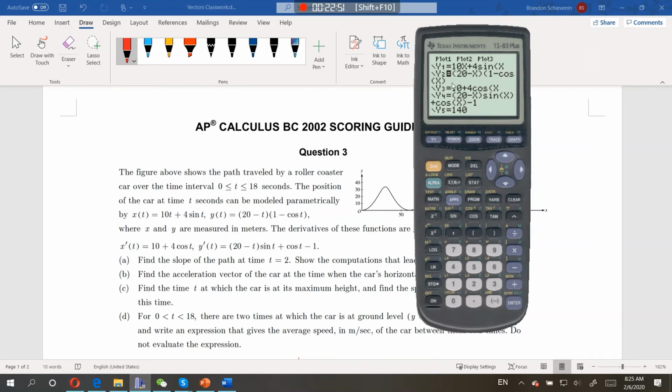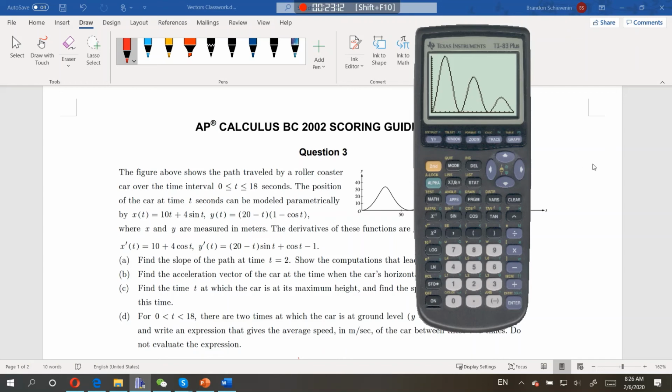So I'm going to graph my y equation. This is a little hard to see. You know what? I think I'm just going to solve this by hand. This is easy enough.